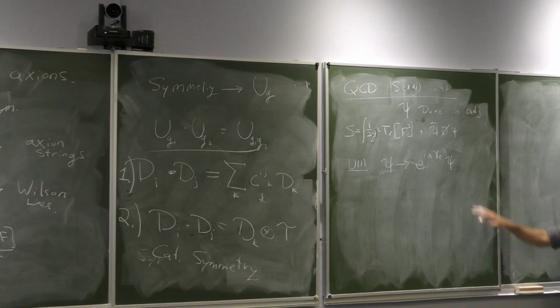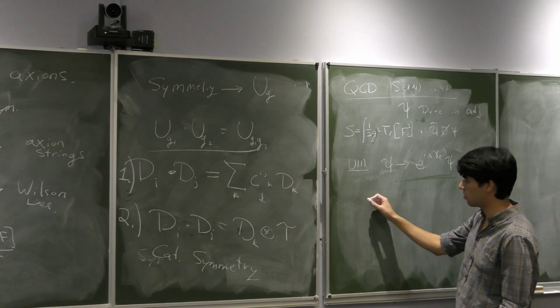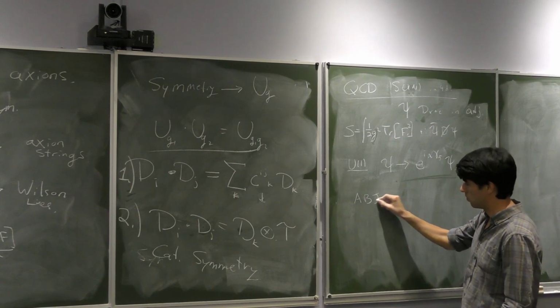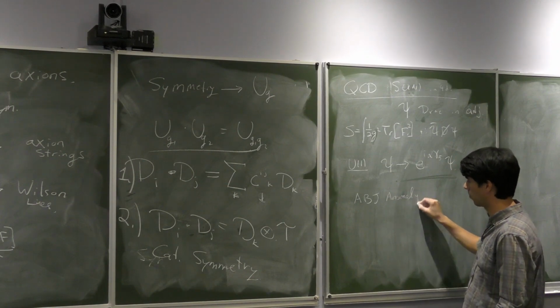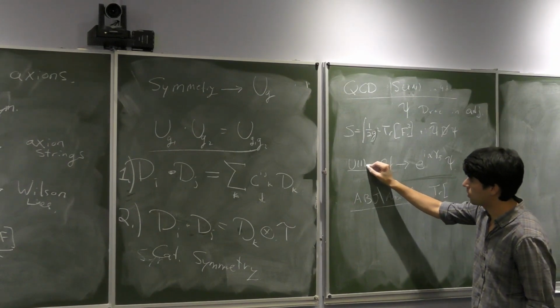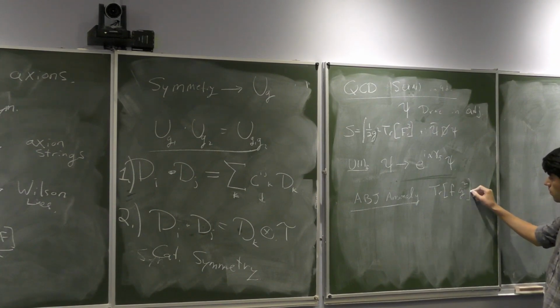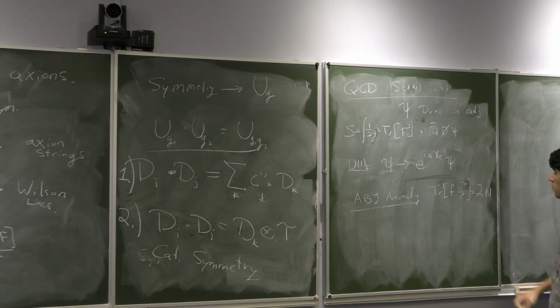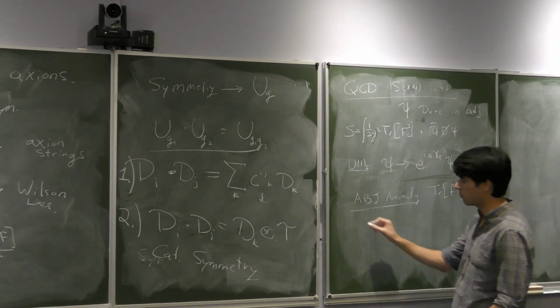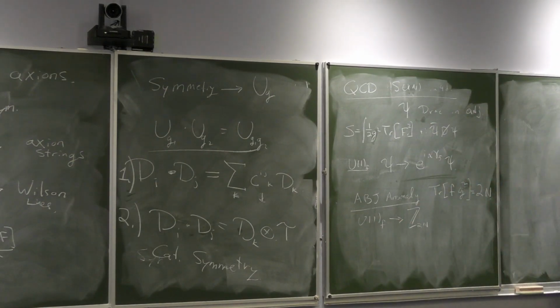So everything is still the same, except change the representation. So this theory has a chiral symmetry, and it rotates the field this way, but there's an ABJ anomaly. Let's make this generator F, because I don't know any letters. And the size of this anomaly is 2N. And so what that means is that this U(1)_F is actually broken into a Z_2N chiral symmetry.